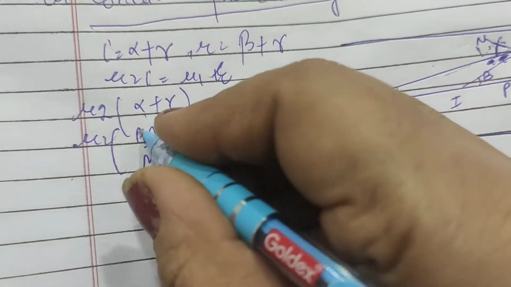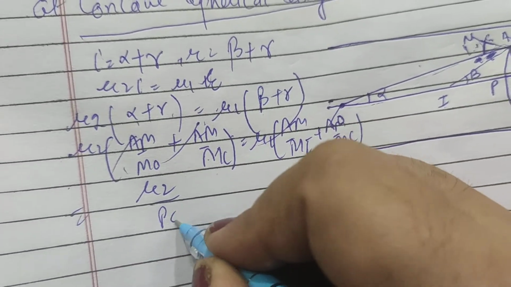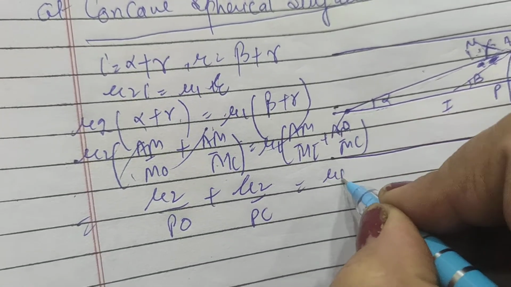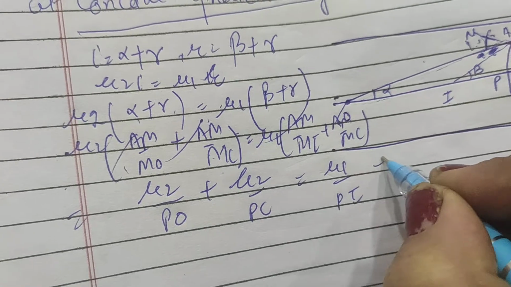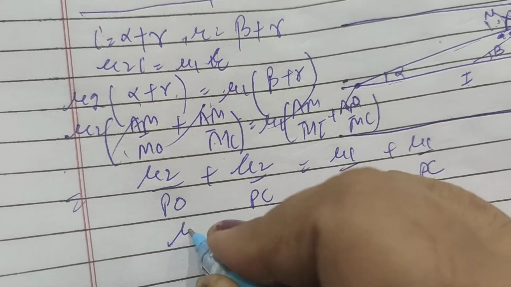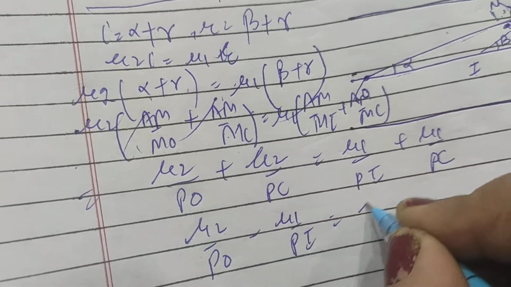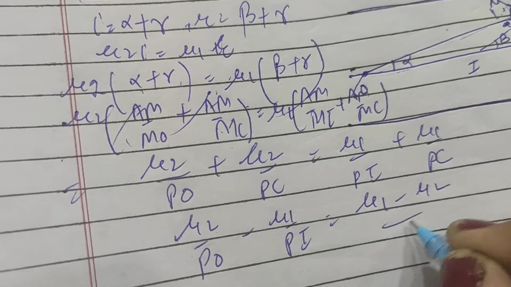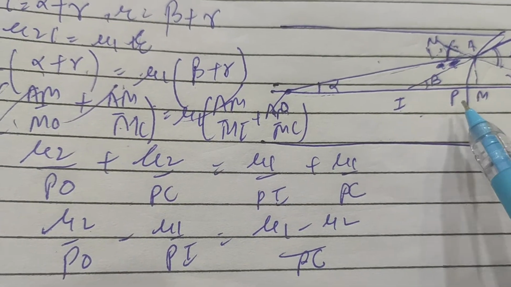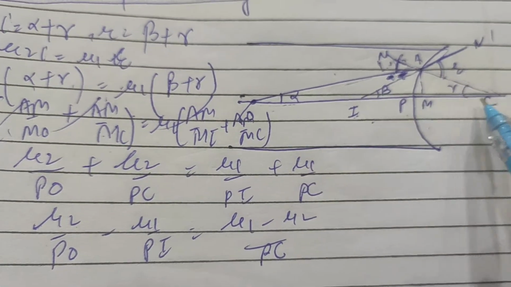So AM cancels out, and replacing M by P, mu2 by PO plus mu2 by PC is equal to mu1 by PI plus mu1 by PC. Taking PC terms to one side, mu2 by PO minus mu1 by PI is equal to mu1 minus mu2 by PC. Now taking the sign conventions, you can see here that PI is negative v, PO is negative u, but PC is plus R.